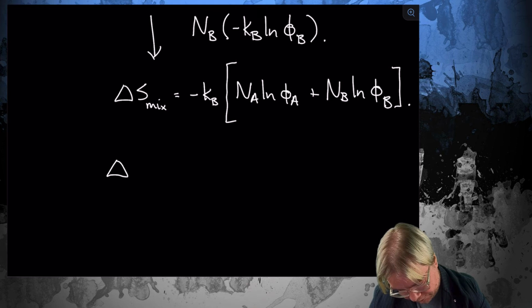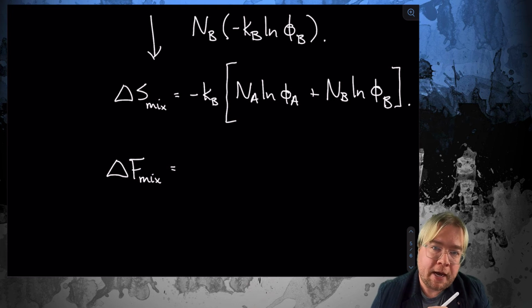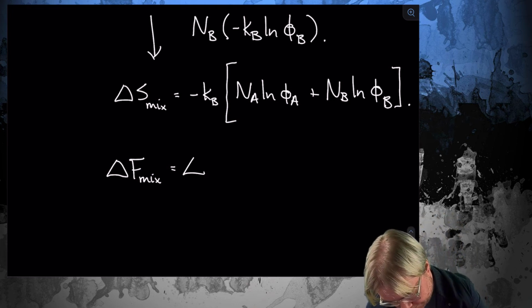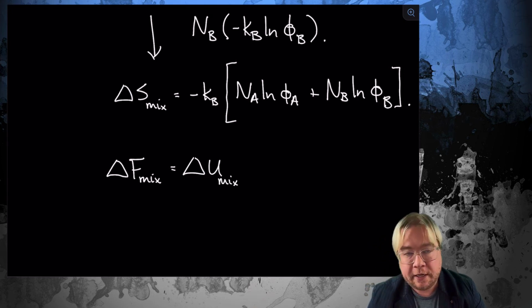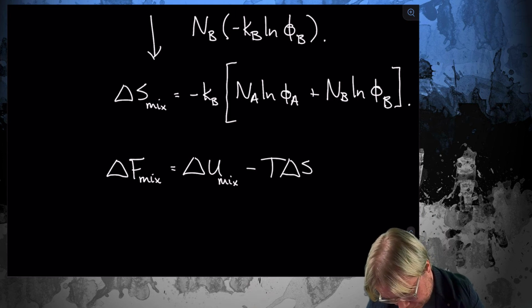Well, what is delta F of mixing? Think back. What's the definition of the Helmholtz free energy? It's going to be the change in the internal energy for mixing, and then minus T times delta S of mixing.